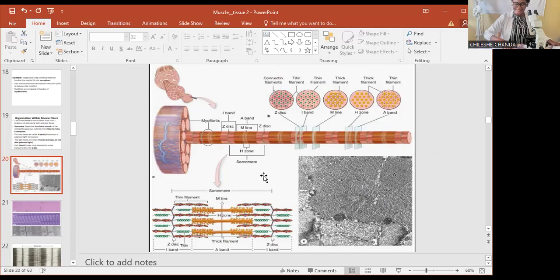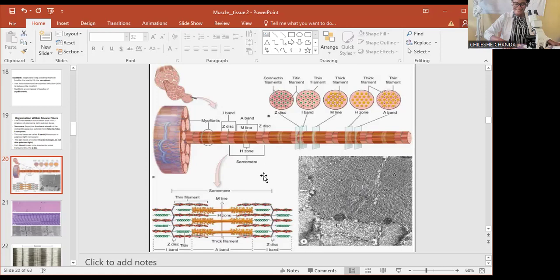They are protein in nature. They are the ones that allow for the contraction and relaxation of the muscle tissue. They are the functional units of muscle tissue.